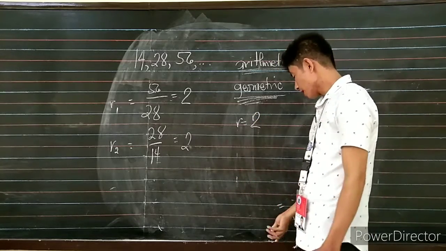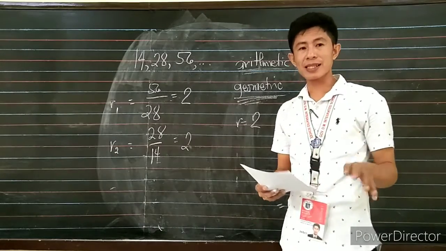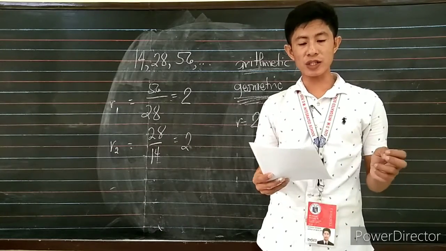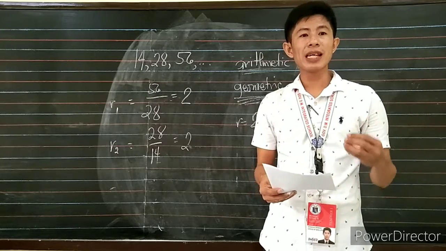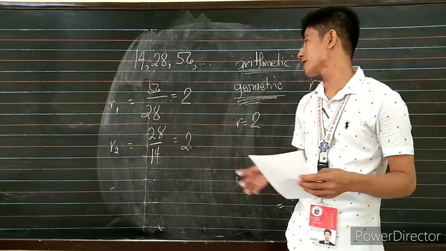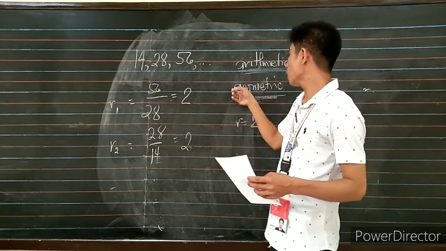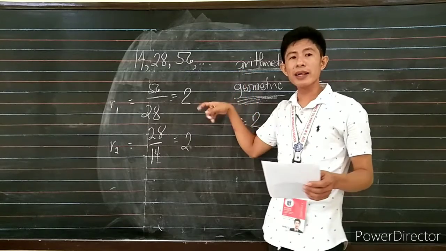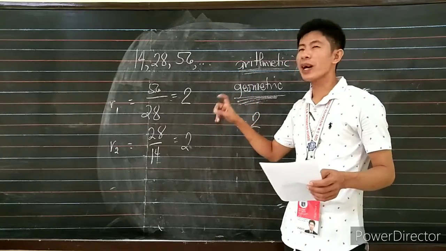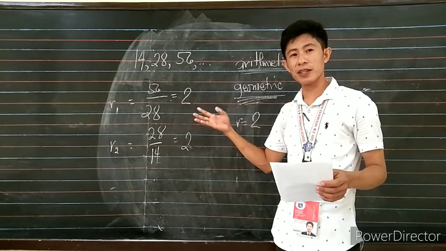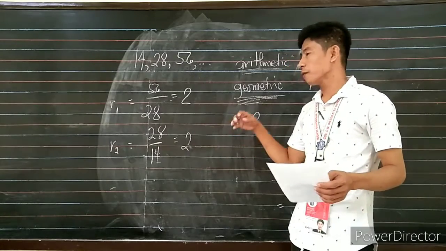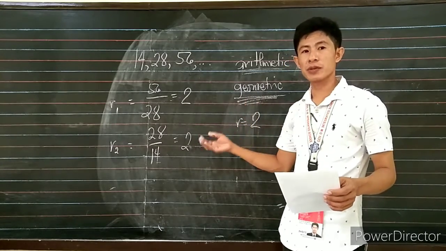As you can see, it is easier for us to determine if the given sequence is geometric or arithmetic by finding first the common difference, if there's any, or their common ratio.